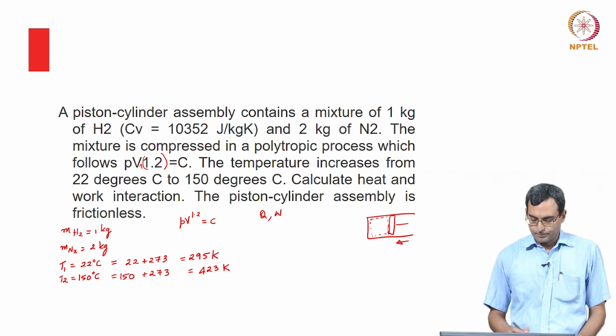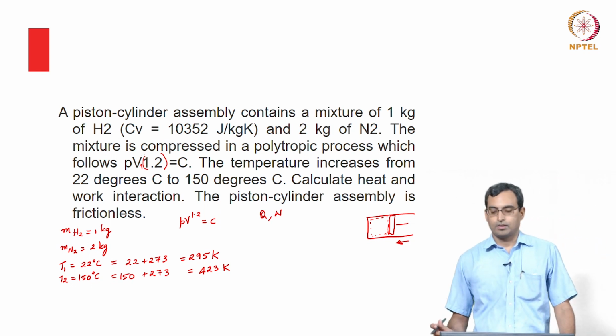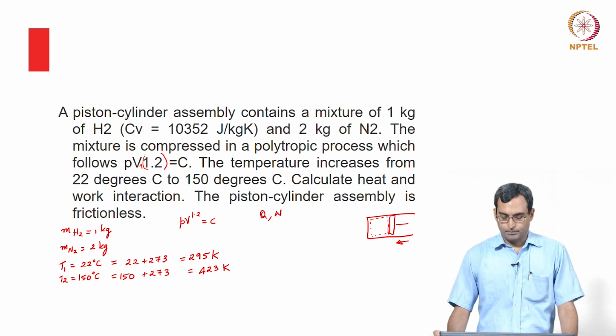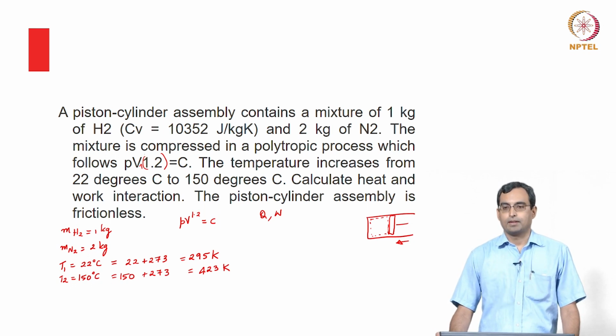So, initially we know the total mass, we know the initial temperature. So, we can find out everything else, because according to our principle of the two property rule, we have a simple compressible substance.